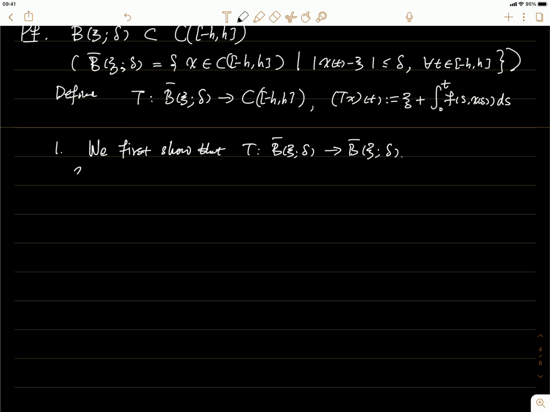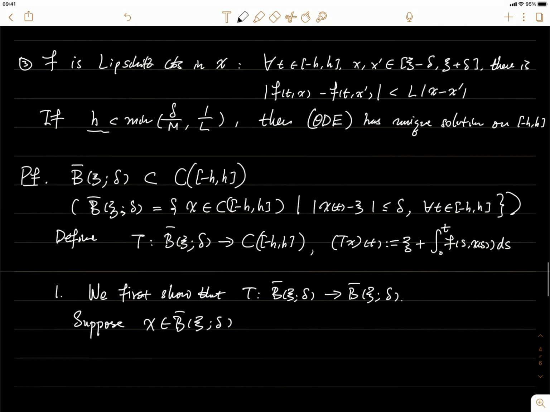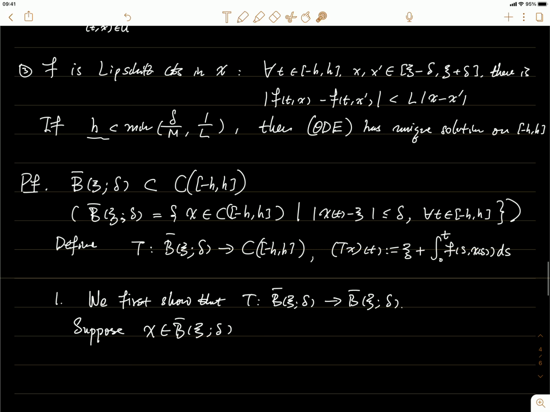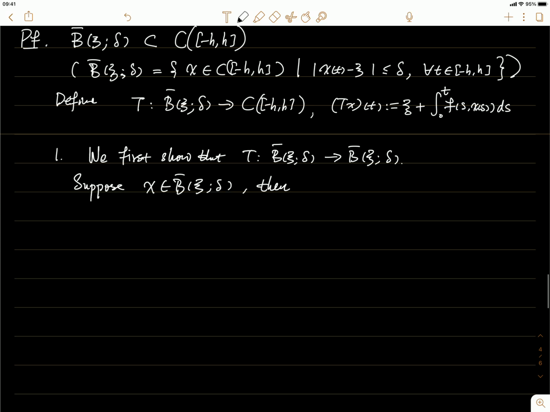Suppose I have a point x in this ball. That means it's a continuous function that satisfies this. Now let's look at it after the mapping, where it becomes Tx.